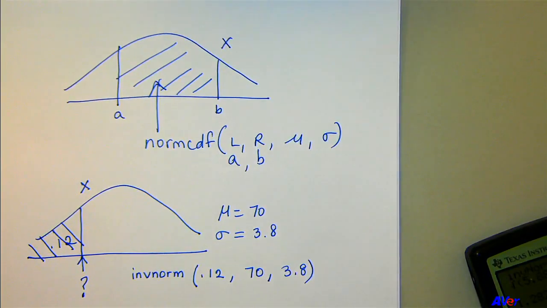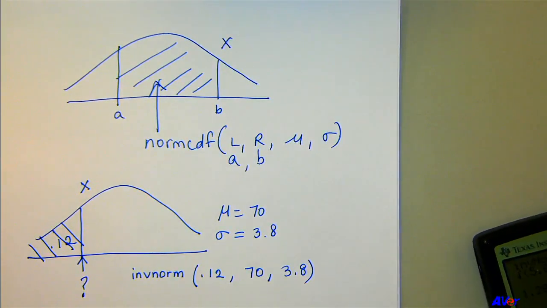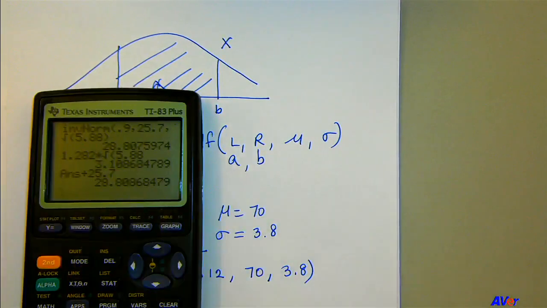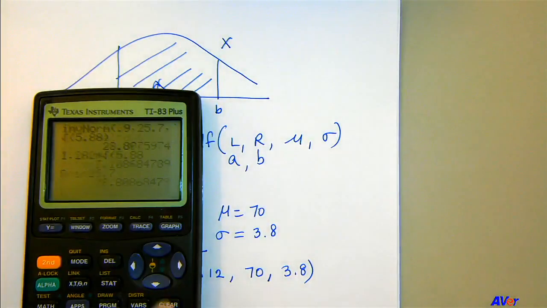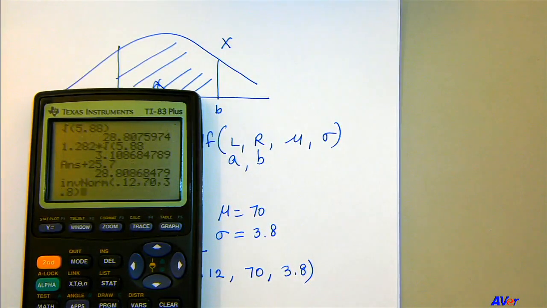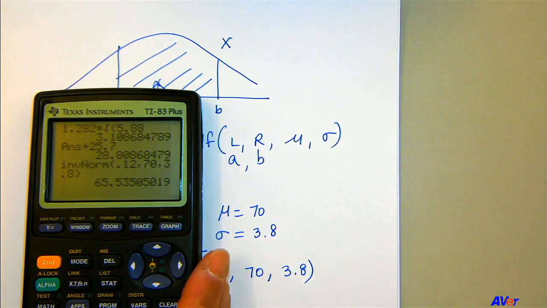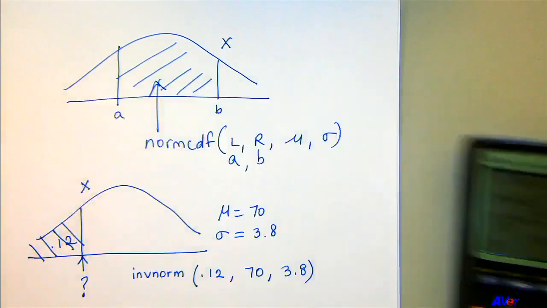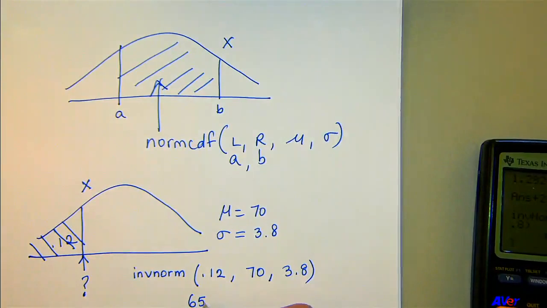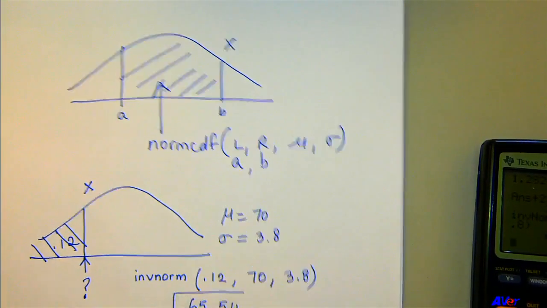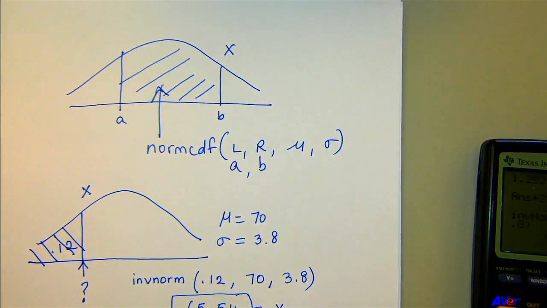Get it? What did you get when you did that? 69.535. Let's see. Second distribution, inverse norm, 0.12, comma, mu, 70, sigma, 3.8. 65.54, yeah? That's my x.